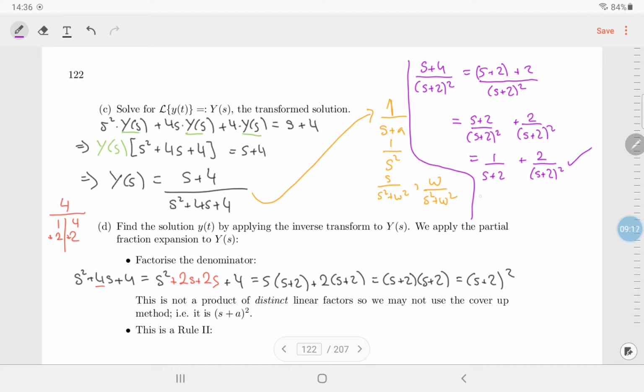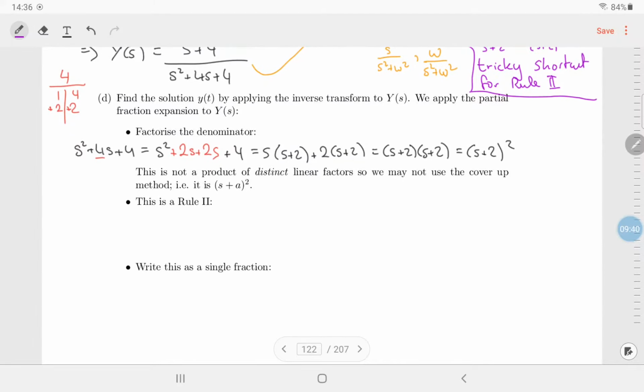It's tricky. Shortcut for rule 2. And I think it'll only work if you just have a single rule 2. Now I'm not going to do it that way. I'm going to do it more like the notes, particularly if you have something with a rule 1 and a rule 2 where you'd have to do something a bit different.